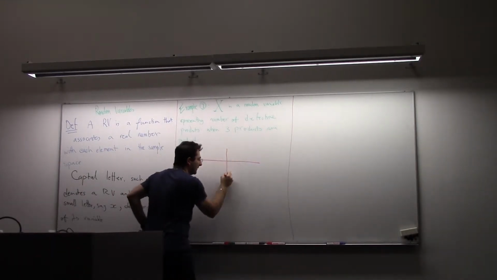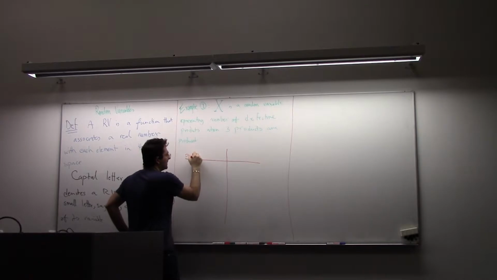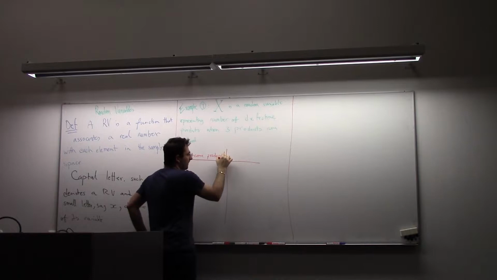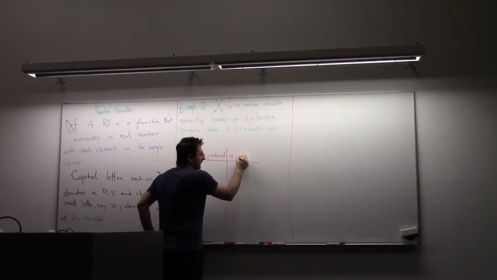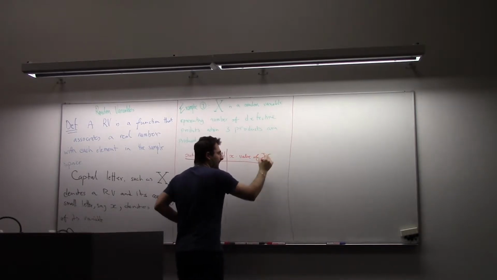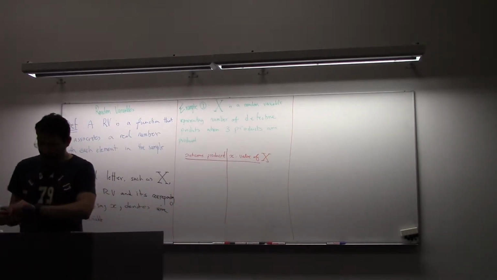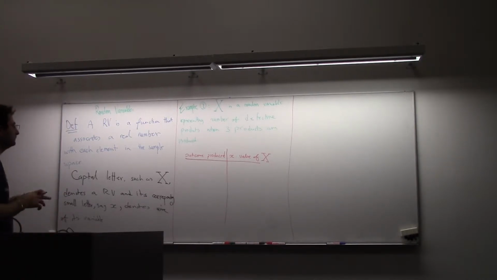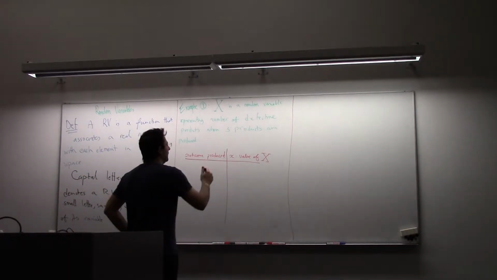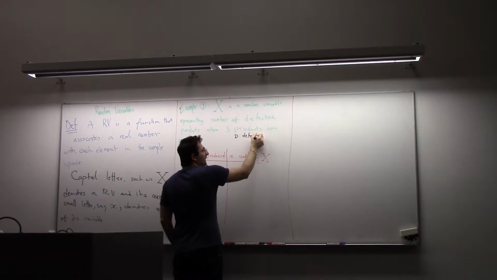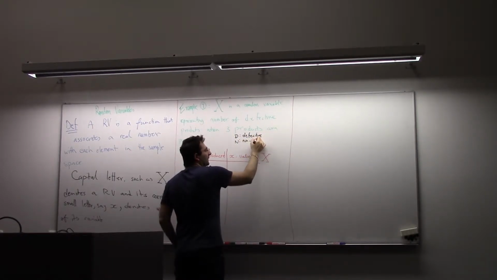So we can have a table like this, and this is the outcome produced. And lowercase x is the value of X. Now, let's say D is defective and N is non-defective, okay?